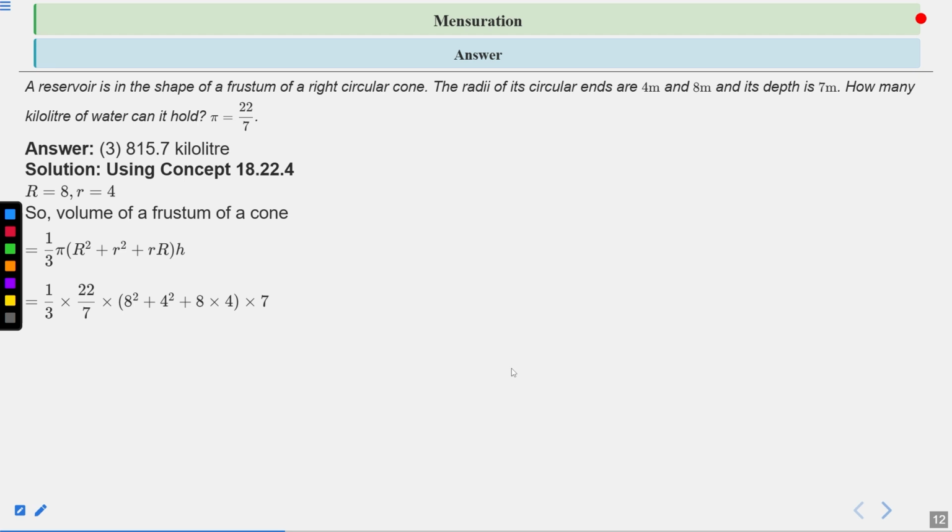So just put the values: 1 by 3 into 22 by 7, 8 square plus 4 square plus 8 into 4, and whole multiplying by 7. When we simplify it, we get 821.3 cubic meter. Dividing by 1000 and changing into kiloliter, it will be 821.3 kiloliter. So the third one is the correct answer of this question. Next one.